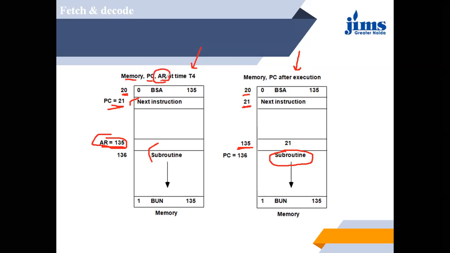It transfers the control to the particular address in the memory, and after execution there is no need of the address. So this was when the instruction is going to start, and this is after accessing the instruction.